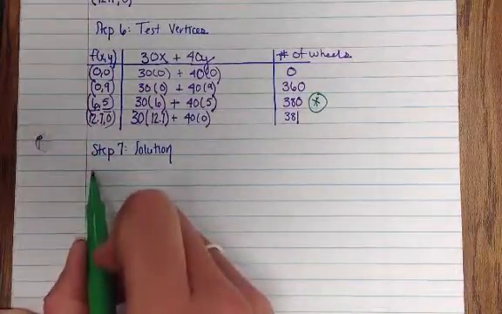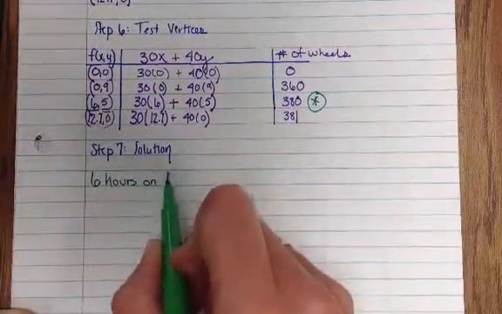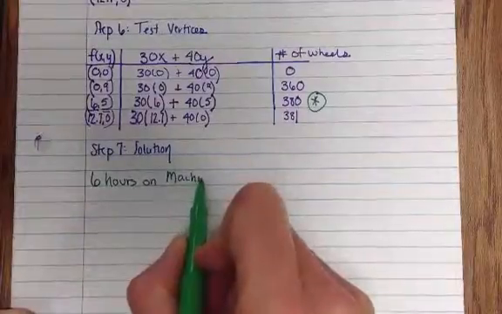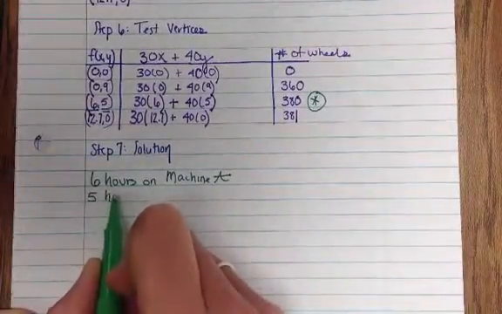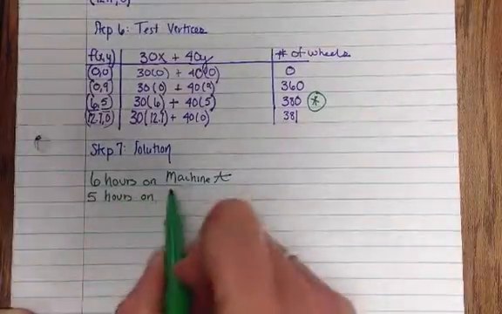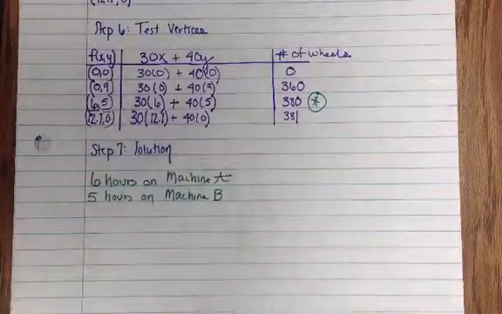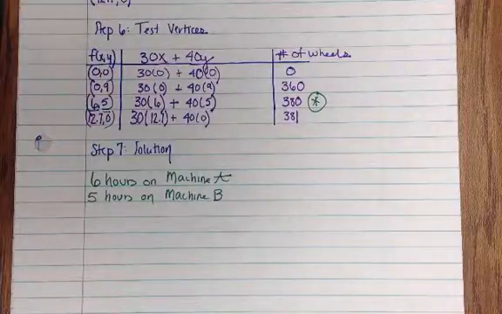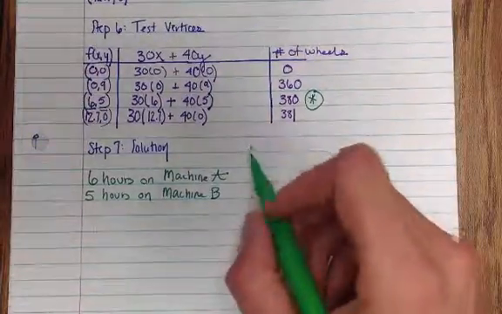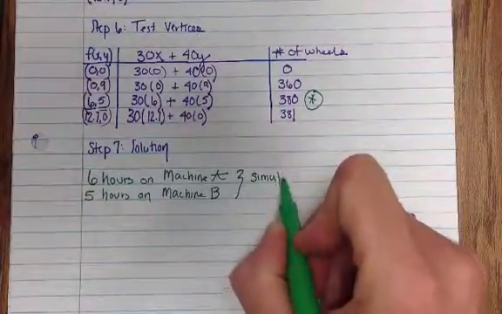So that means that you need 6 hours on machine A, and you would need 5 hours on machine B. This would allow you to produce 380 steering wheels with a cost being $108 or less, and both of these machines would be running simultaneously, or both at the same time.